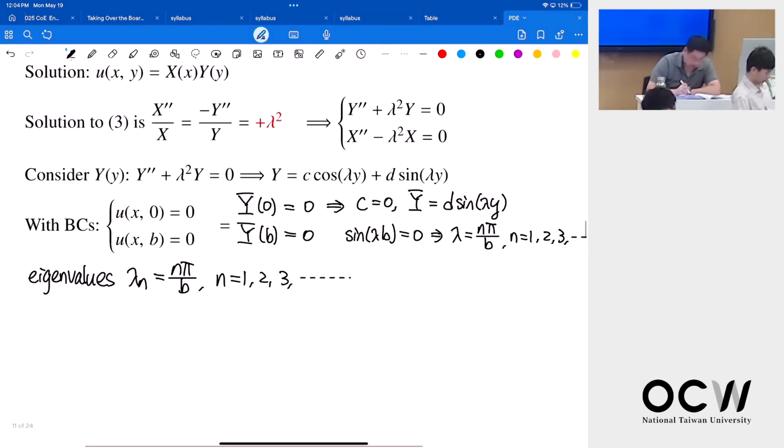Now I can write down the Y: D_n sine of n pi over b times y. This is the eigensolution.